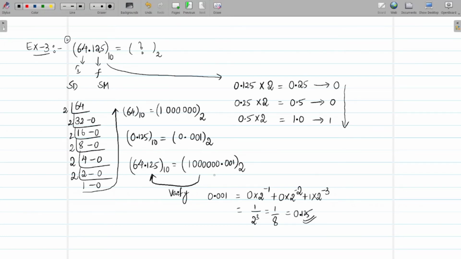So the equivalent binary value for the decimal number 64.125 is 1 followed by 6 zeros, .001. In this way, you can convert the given decimal number into its equivalent binary number, which has both an integral part and a fractional part. For your better understanding, I want to do one more problem. So two problems related to the first model and two problems related to the second model.